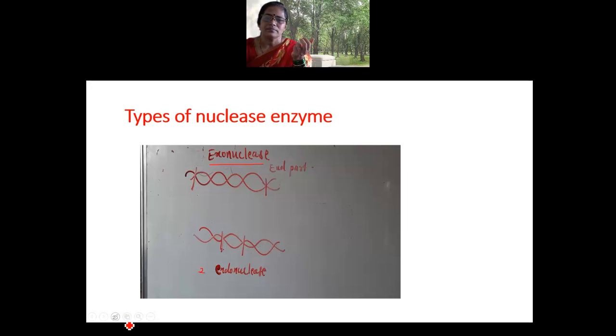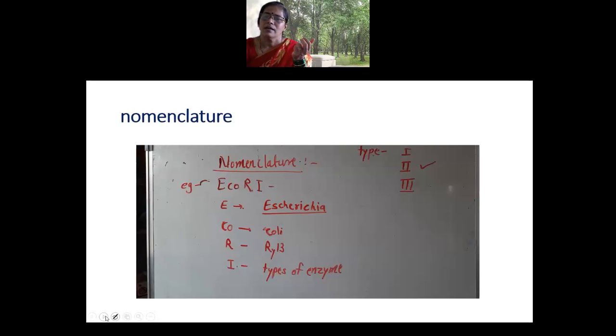How does that endonuclease enzyme get its nomenclature, or how is the name given to that enzyme? Take EcoRI. There are different types of endonuclease enzymes, and EcoRI is one example.